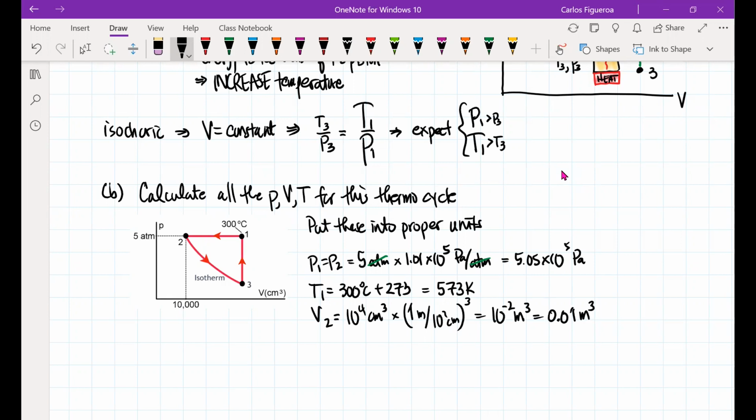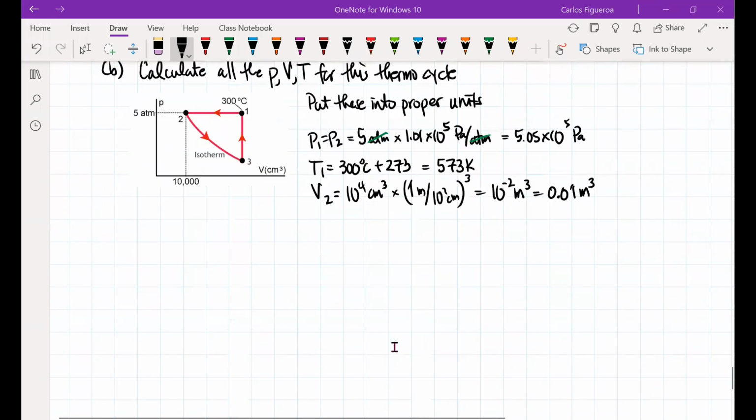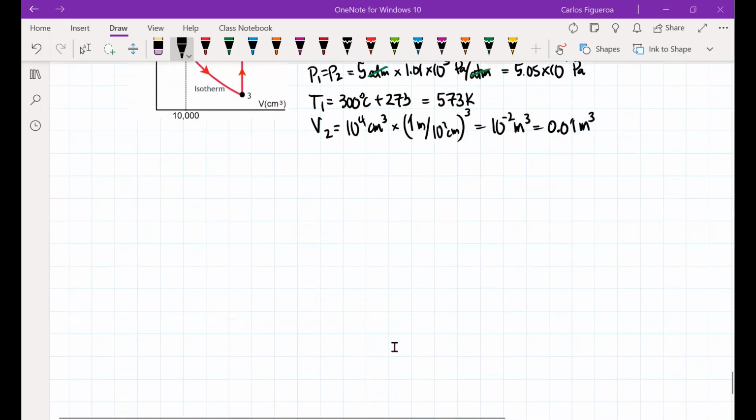So now I have everything converted. Now I'm going to set up a table. Let's look at the cycle to see what we know and what we don't know.